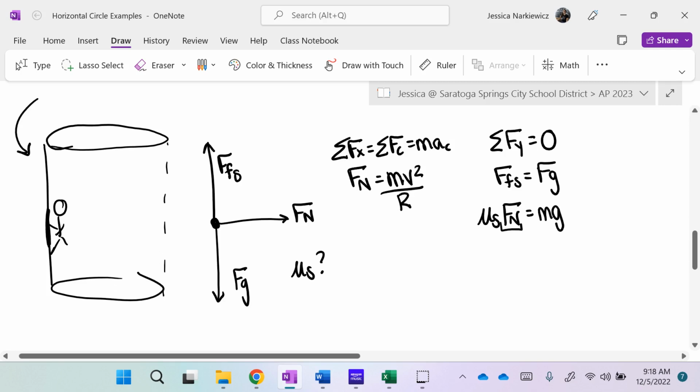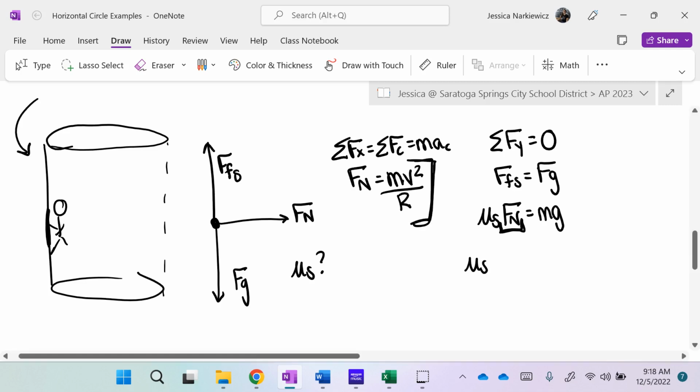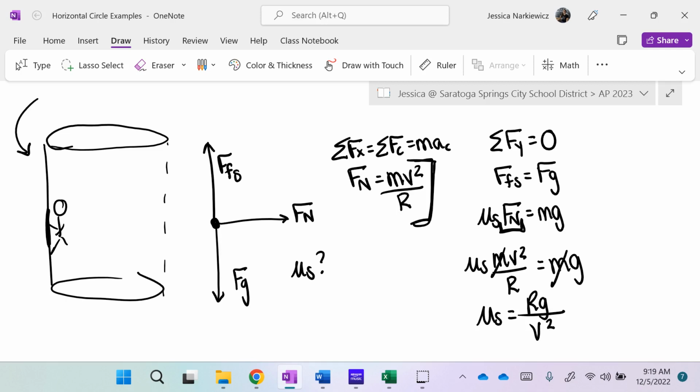So I need to substitute in for the normal force. Now, I'm very used to substituting in mg for the normal force. That's not the case here. The normal force is instead mv squared over r. Our mass cancels. We get a coefficient of friction equaling rg over v squared.